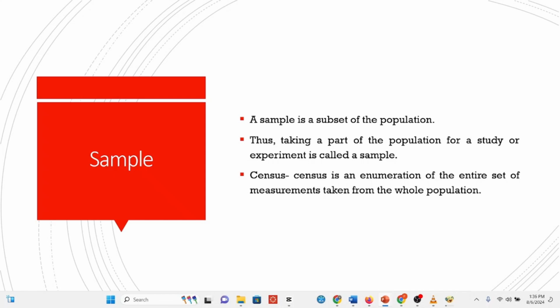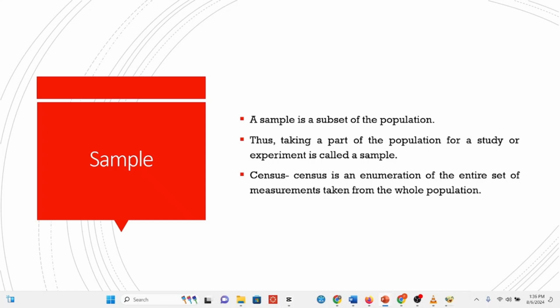By analyzing this sample, researchers aim to make generalizations about the entire population. The effectiveness of this approach relies on the sample being representative of the population, which is often achieved through random sampling methods to minimize bias and ensure that the sample accurately reflects the diversity of the population.